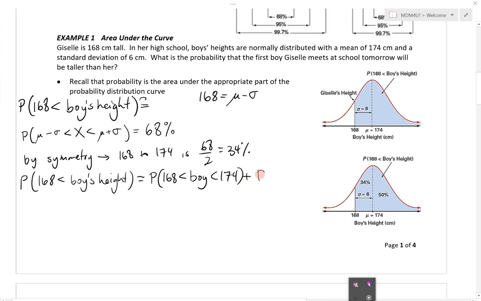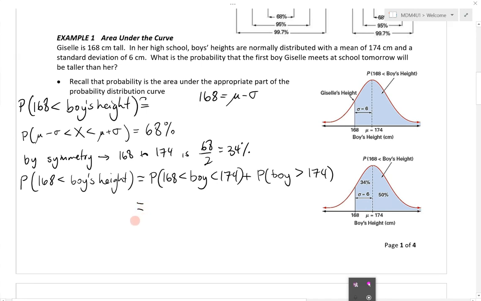So the probability that the boy is greater than the mean value, 174, we know is 50%. 50% represents half the graph, the bell-shaped curve, because this bell-shaped curve is symmetric about the mean value. So half the values are below and half the values are above.